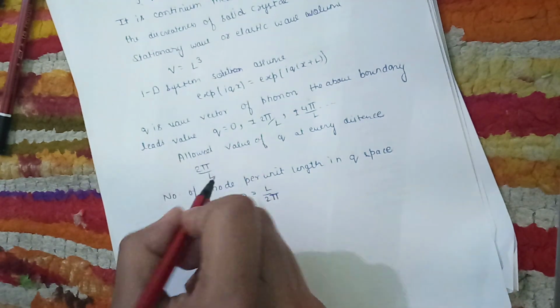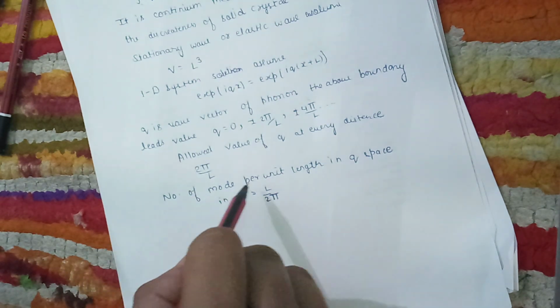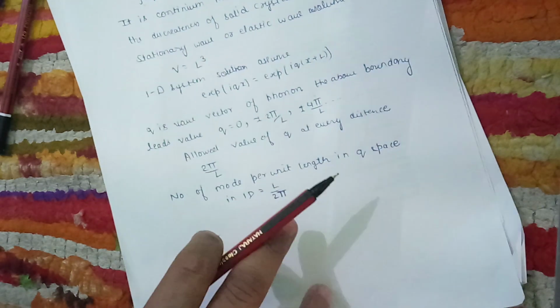This is 2 pi by L distance, that is, the number of modes per unit length in q space is L by 2 pi.